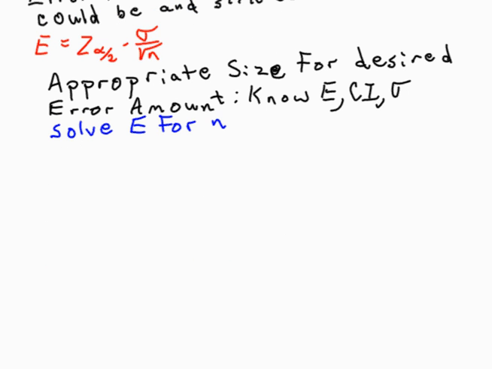E equals z alpha over 2 times sigma over square root of n.